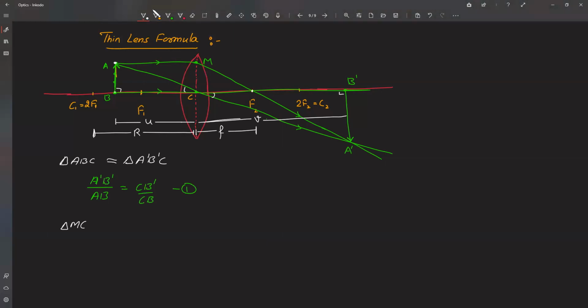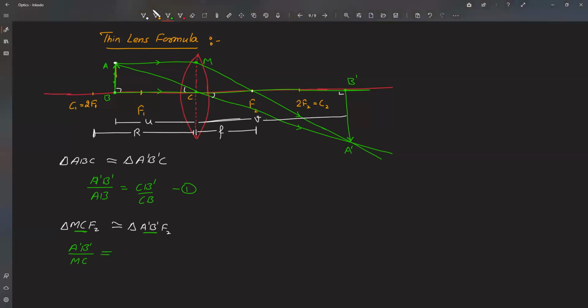So triangle MCF2 and triangle A dash B dash F2. Again, we will try to include the image length here. Image length is nothing but A dash B dash in the second triangle, which will correspond to MC in the first triangle.